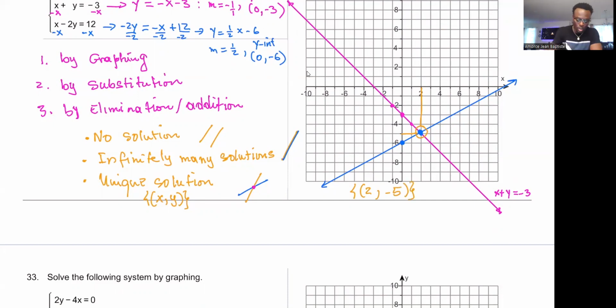That's the solution of the system of equations that they wanted me to solve. And obviously the blue is the other line, x minus 2y equals 12.